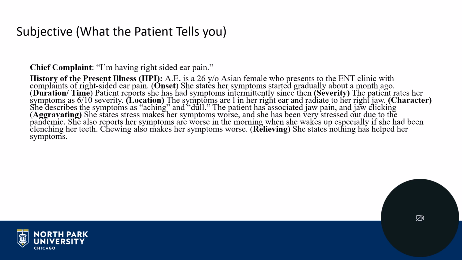And a good way of doing that is by using a method called OLD CARTS. And OLD CARTS is the onset, location, duration, character, aggravating factors. Ooh, there's one, radiation is supposed to be on here.